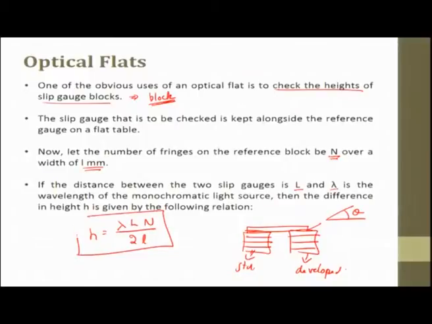Okay. This is the relationship which gives you the height difference. Lambda is the monochromatic light source wavelength, L is the distance between the two slip gauges, n is the number of fringe patterns, and you get the relationship.